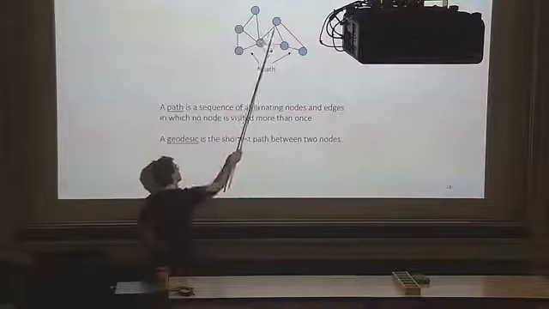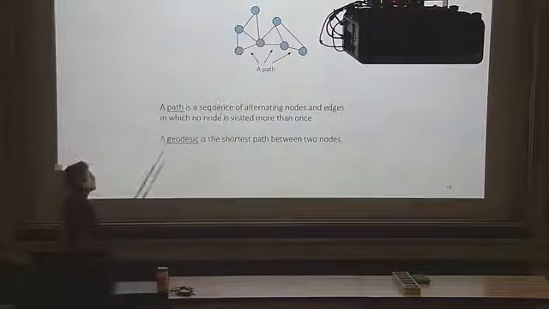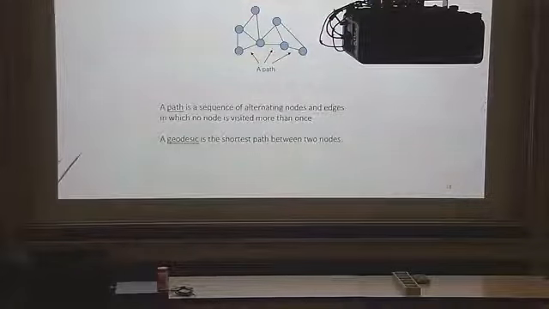But the number of edges you pass to get to the second node is the key difference here. If a path between two nodes is the shortest path, we call it a geodesic. So a geodesic is the shortest path between two nodes.